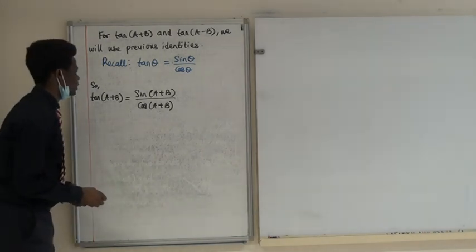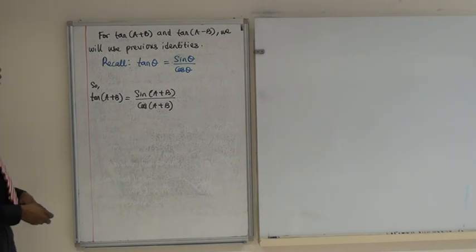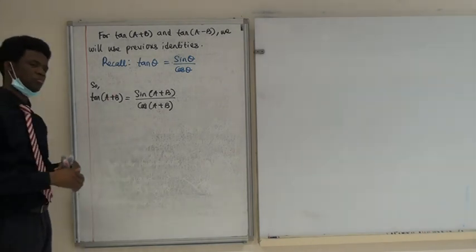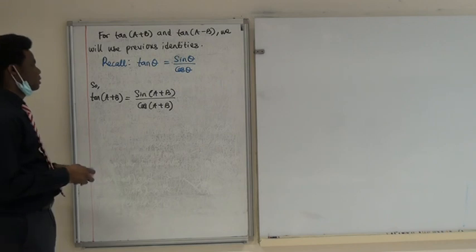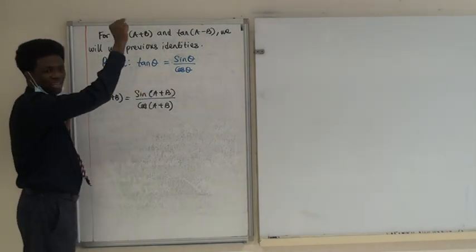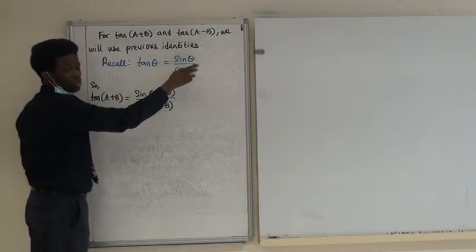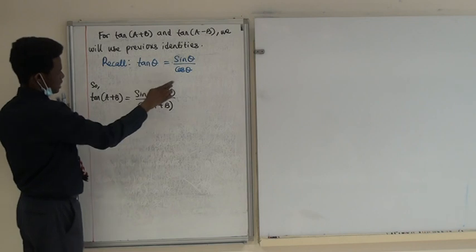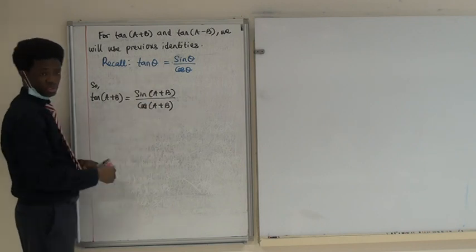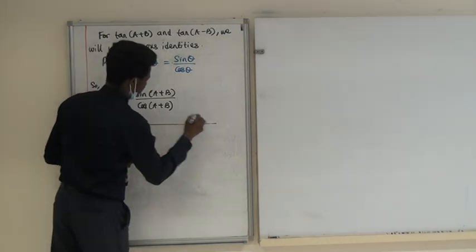So, tan A plus B. For tan, like I said here, we use previous results. So for tan A plus B, from this, you remember this? That's the first identity, yep, from the zoom class. So it's going to be sine of the angle over cos of the same angle. So sine of this and cos of that, and we have the result for this already, so we're going to substitute that. What is the numerator?